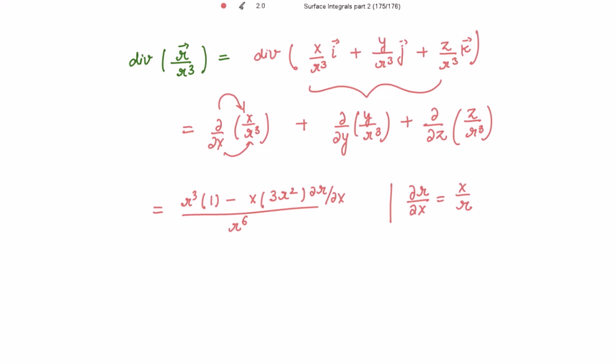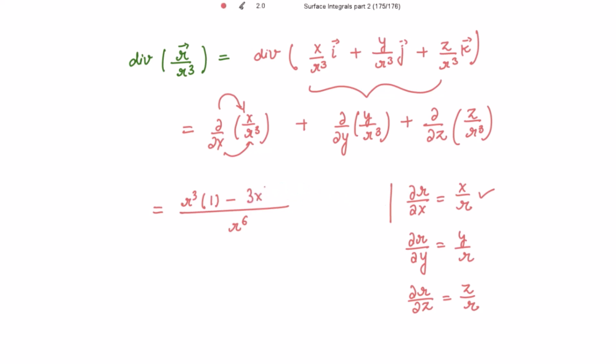Similarly, partial derivative of r with respect to y is y divided by r, and partial derivative of r with respect to z is z divided by r. So I'm using x divided by r over here, and this r is cancelled out, and we get 3x square into r, right?